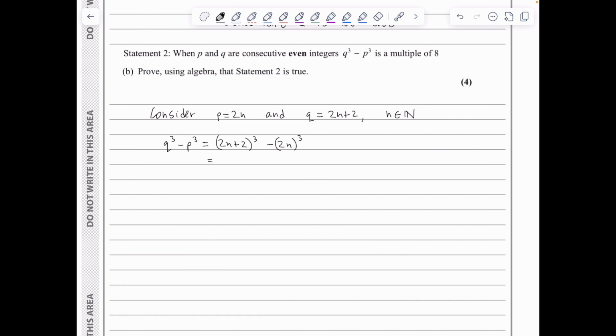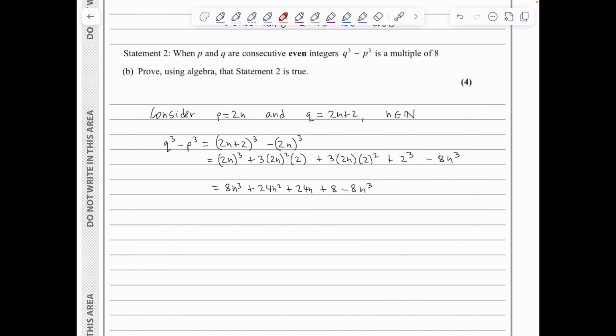So we're looking at 2n raised to the power of 3 plus 3 times the 2n squared times 2. So I'm applying the binomial expansion to expand the cubic brackets, plus 3 times 2n times 2 squared plus 2 cubed minus 8n cubed. This gives an answer of 8n cubed plus 24n squared plus 24n plus 8 minus 8n cubed.